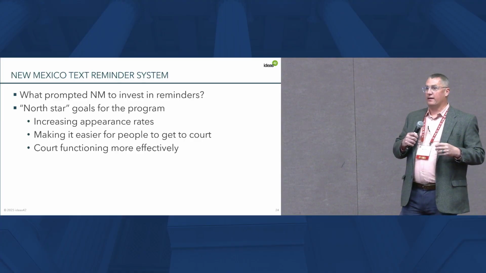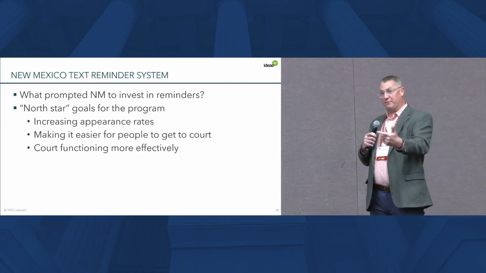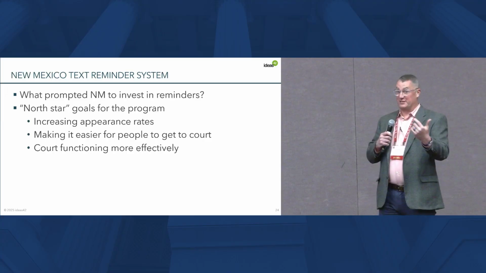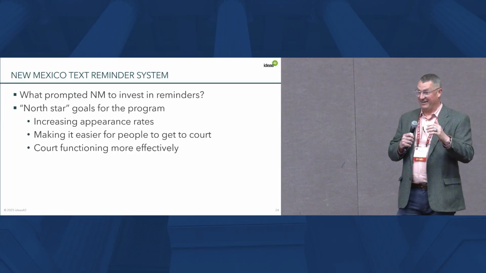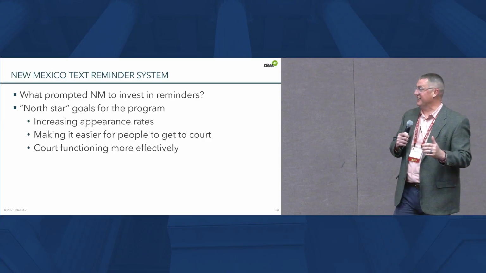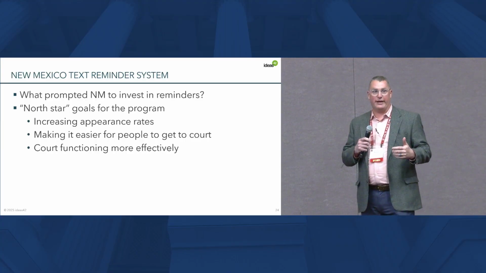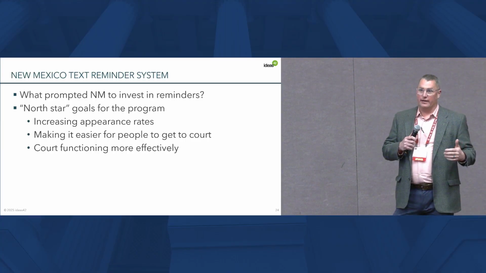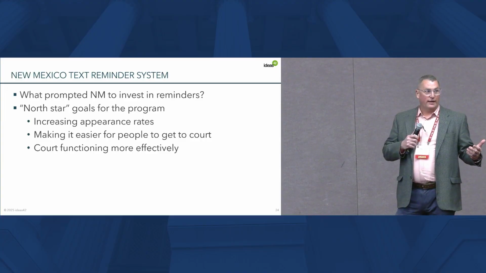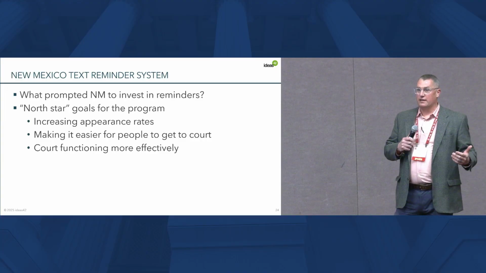So we began text messaging through email. You can still do that. It's not effective and definitely not efficient. But we wanted to make it easier to get to court. And so we partnered with a private vendor, eCourt Date, in order to automate text messages.